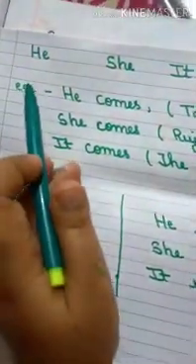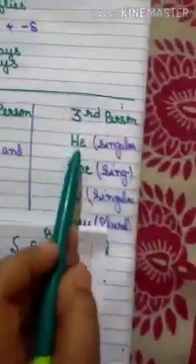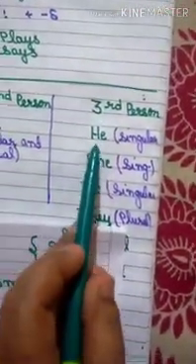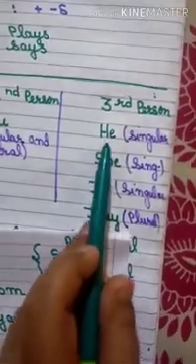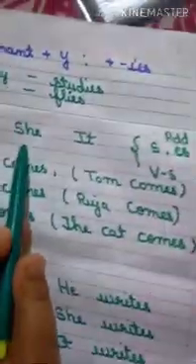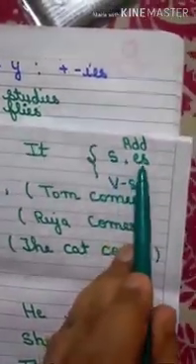And if the subject is third person singular, what are those words? He, she, it. In that we will add s or es. Okay? So see here example.